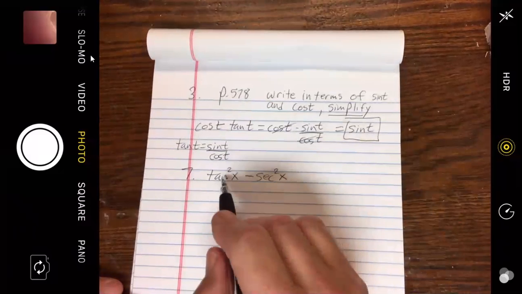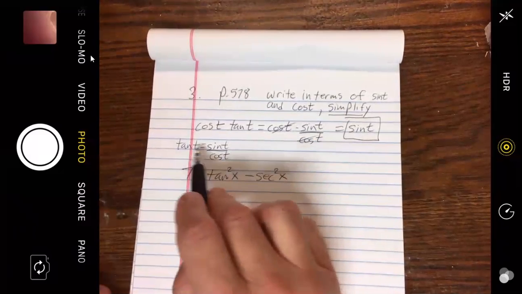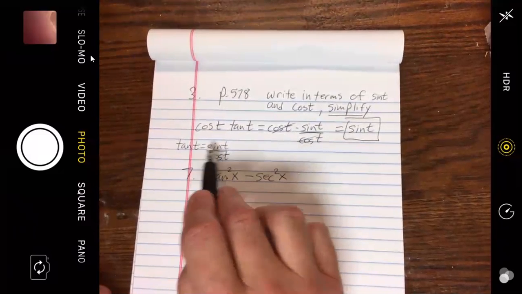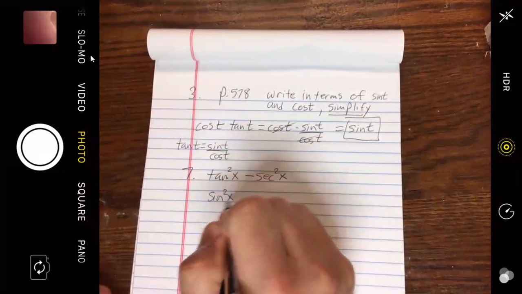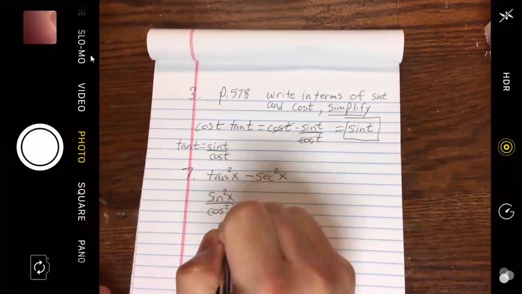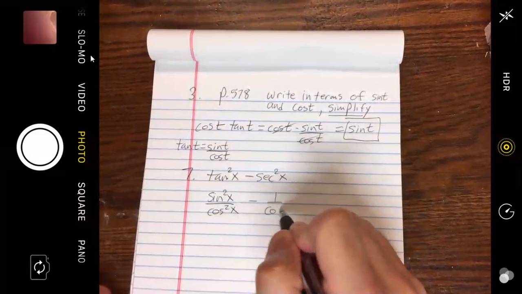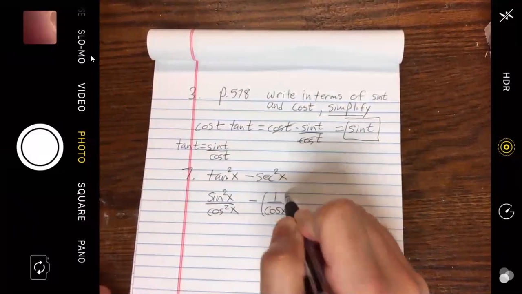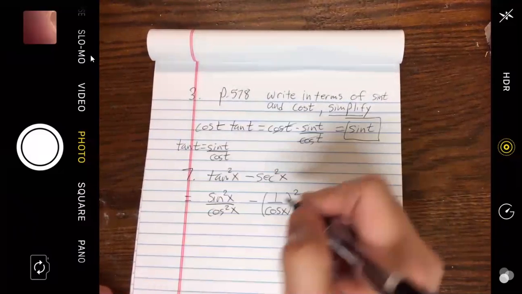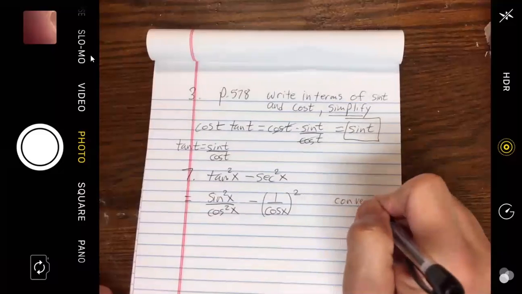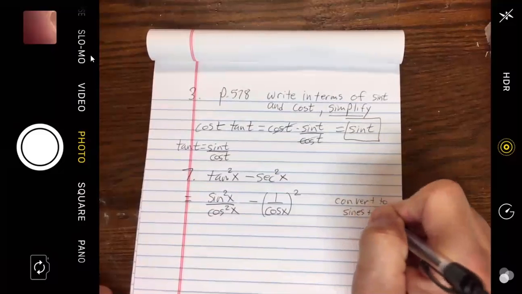Well, tangent, again, they can't give you every variation. So if a tangent is this, a tan squared is both of these squared over cosine squared of x. And a secant is 1 over cosine x, and it's squared. So this is the conversion to sines and cosines.